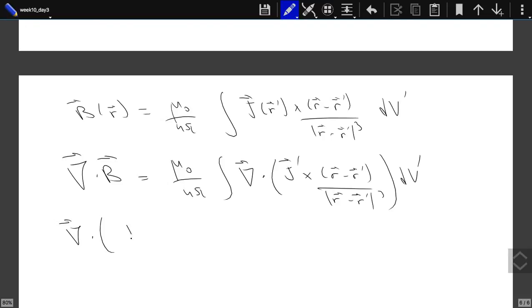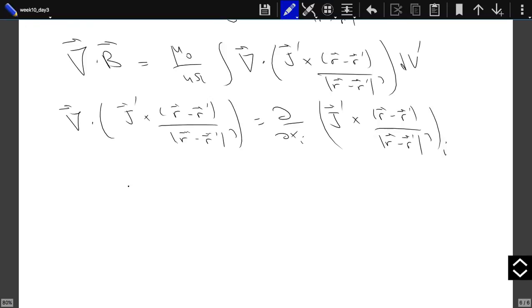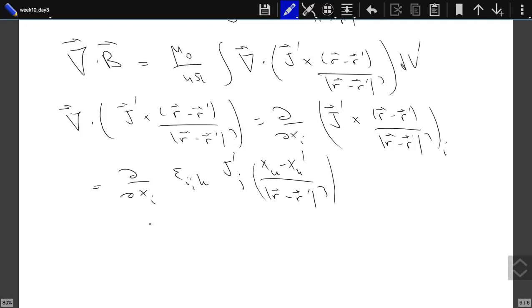The divergence of j prime cross r minus r prime divided by the magnitude of r minus r prime cubed will be just the derivative with respect to xi of the i component of that, which will be the derivative with respect to xi of epsilon ijk, j prime j, (xk minus xk prime) over the magnitude of r minus r prime cubed, which will be epsilon ijk, j prime j, derivative with respect to xi of (xk minus xk prime) over the magnitude of r minus r prime cubed.